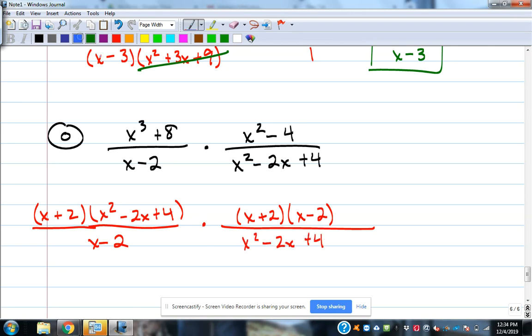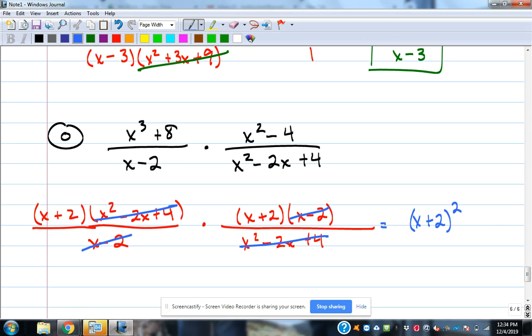They're going to cancel. So top part has x plus 2 and x plus 2. They can't cancel because it's sideways. Remember, we can only cancel vertically or diagonally, never side to side. So x plus 2 times x plus 2, or x plus 2 squared.